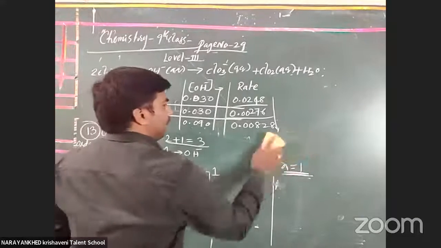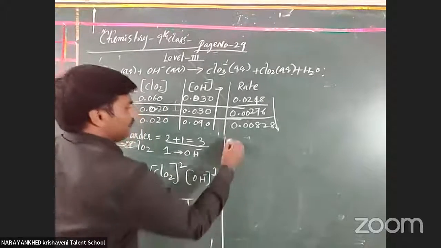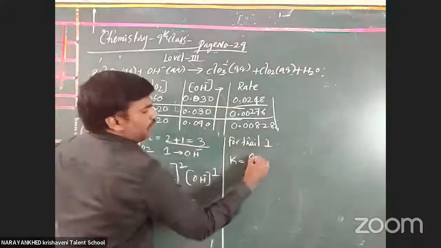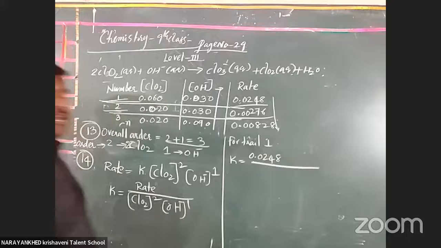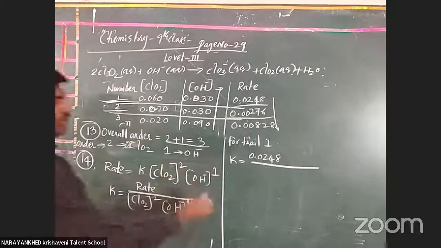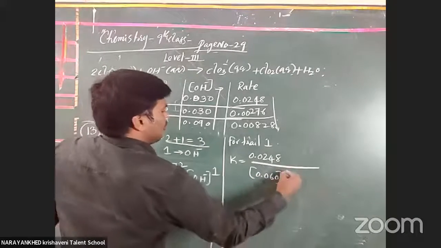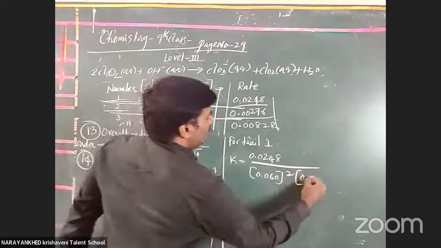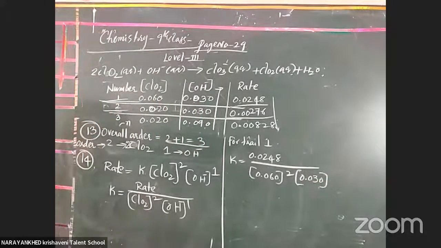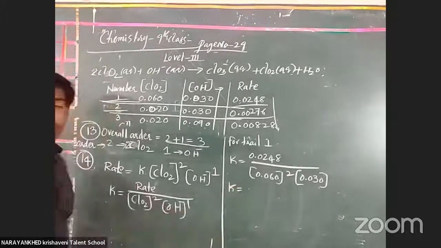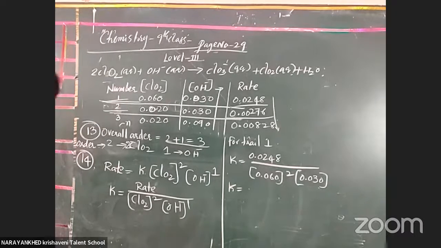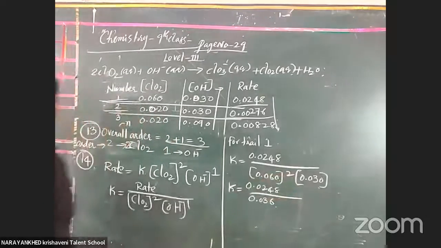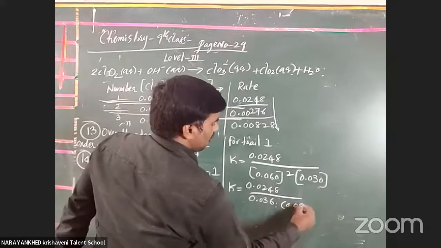Suppose I take trial 1 here. For trial 1, K is equal to the rate, which is 0.0248, divided by the concentration 0.060 to the power of 2, because the order for ClO2 is 2, and the next concentration we consider is 0.030. So K is equal to 0.0248 divided by 0.060 whole square into 0.030.